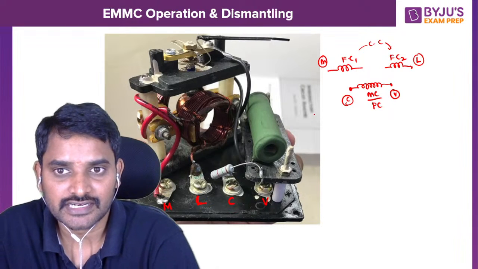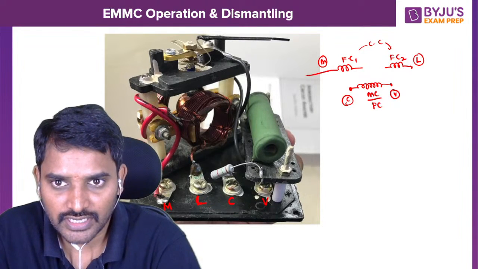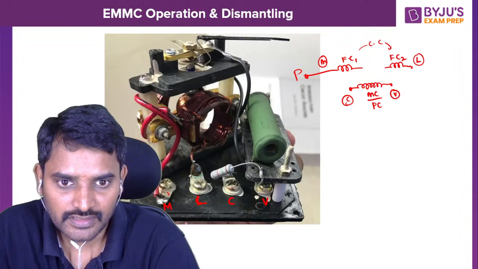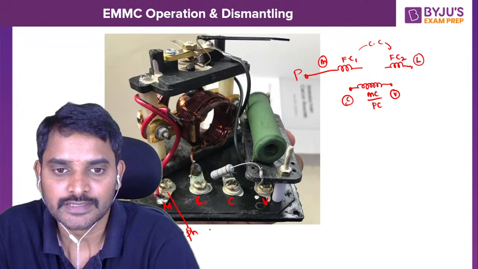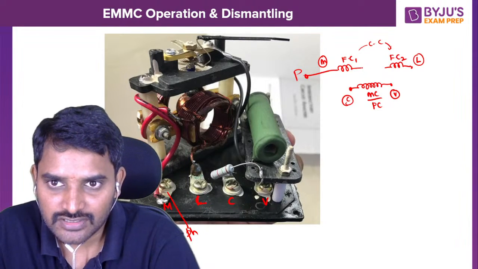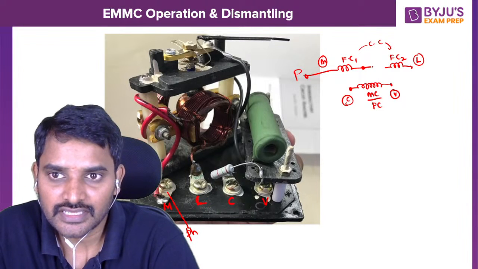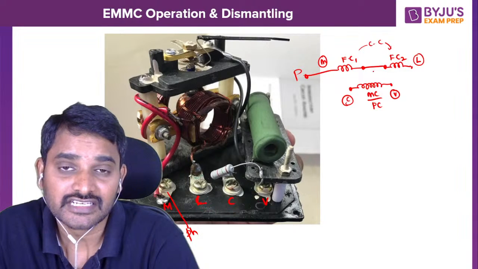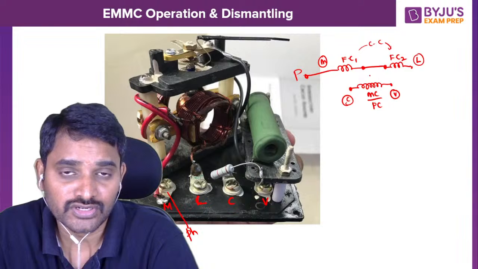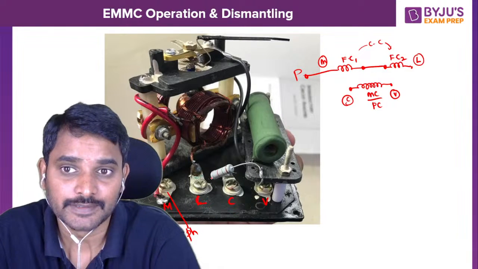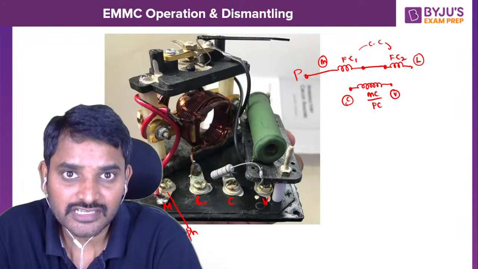Now what is there? Let me show you. We are going to connect a phase terminal here. Then the fixed coil finishing terminal and the fixed coil starting terminal of the next half, we are going to connect them in series, so they are connected internally. And then the L terminal is available here.